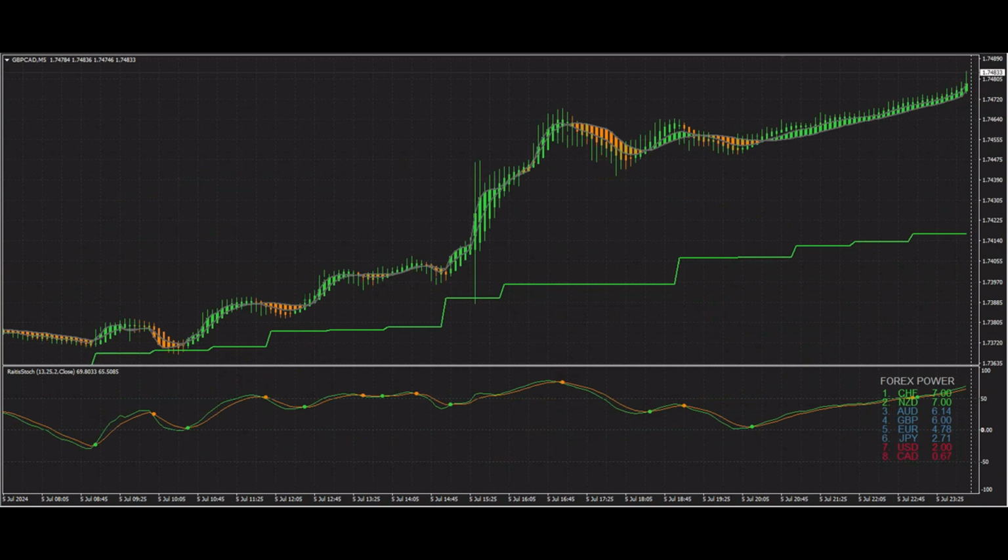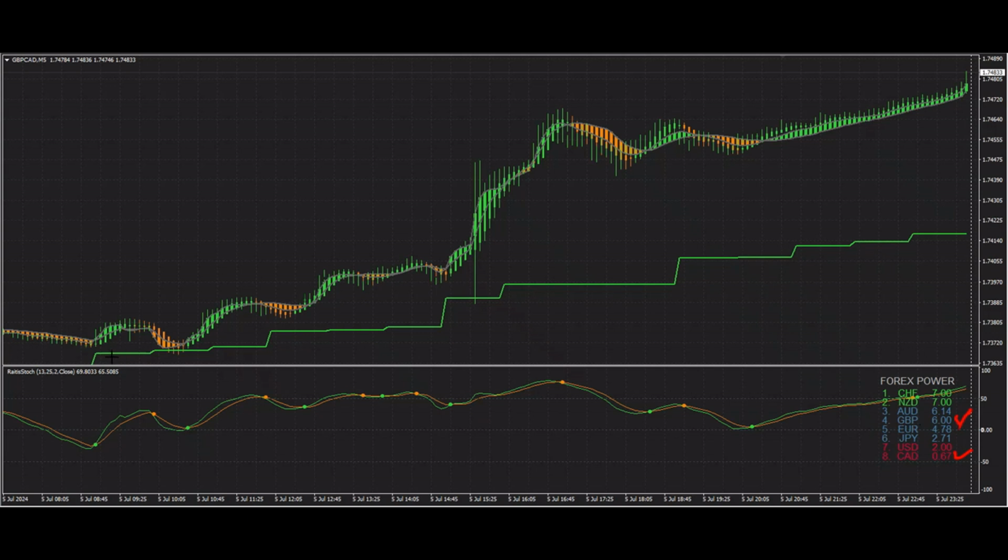Here in this chart, you have a GBP CAD, where the British pound is the base currency and the Canadian dollar is the quote currency. You see from here the Canadian dollar being a very weak currency at this moment, and you have the British pound in the medium term strength, which is very good at this point, because it's having a 6 strength power, so it's a very nice strength.